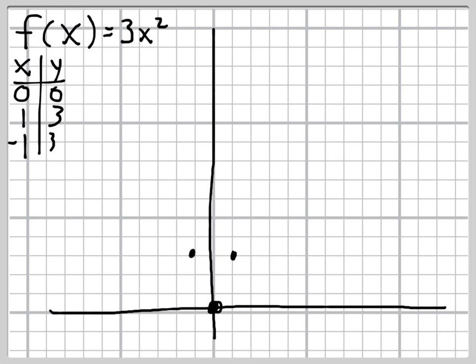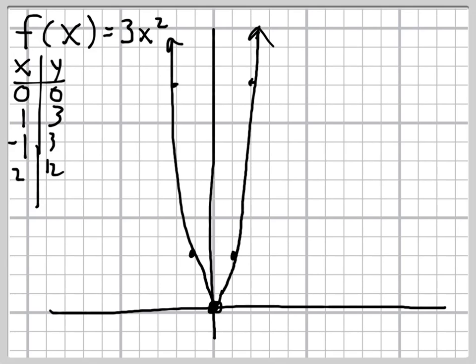Well, what if you put in 2? Let's square the 2. That's going to give me 4 times 3 is 12. Whoa, 12. That's off the charts. In fact, lucky now I have this nice little grid back here, I can tell exactly where that is. So what did this 3 in front do? Well, it took all my y values and multiplied them by 3.